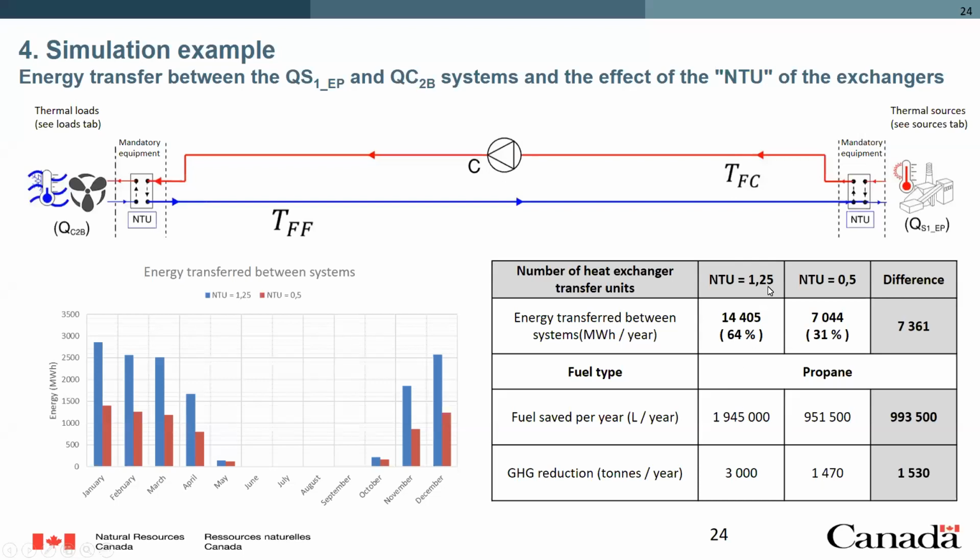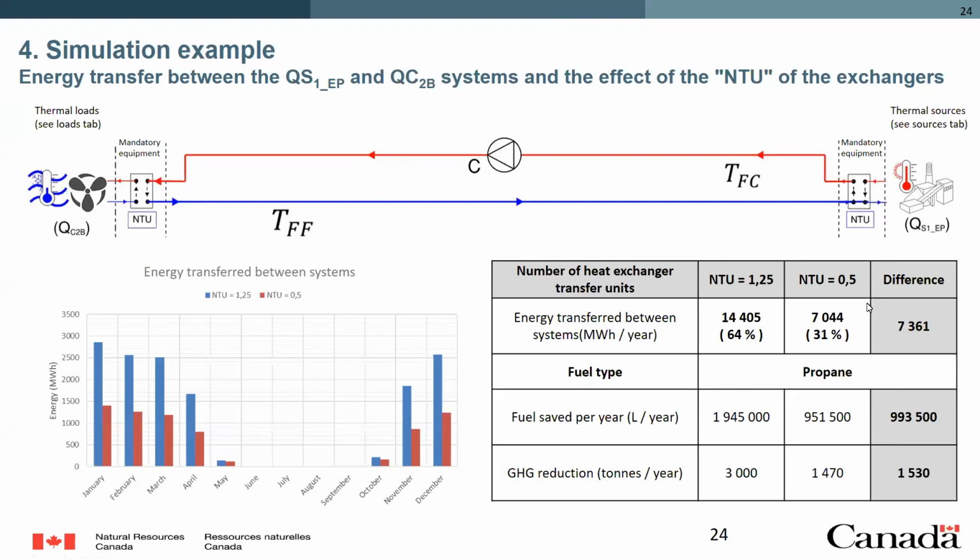Now, if for any reason the NTU of 1.5 turns into too big a heat exchanger for the room available, other smaller heat exchangers can be considered. Keep in mind that the larger the NTU, the larger the heat exchanger will be, and also the more expensive it will be.